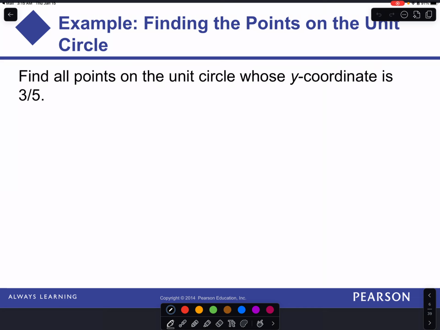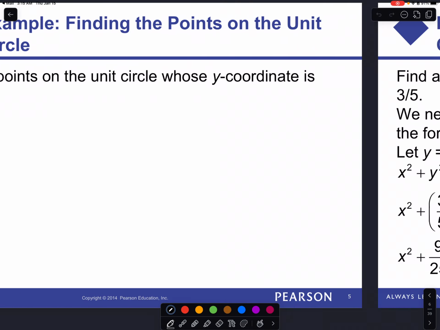Find all points on the unit circle whose y-coordinate is 3/5. Let me think about this.